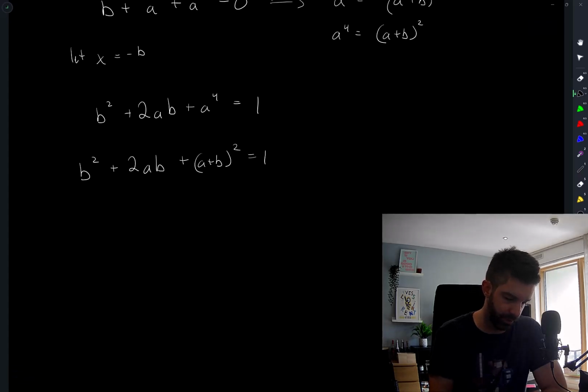So this gives b squared plus 2ab plus a squared plus b squared plus 2ab, equals 1.